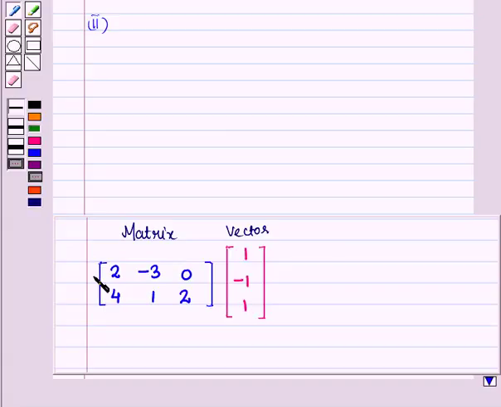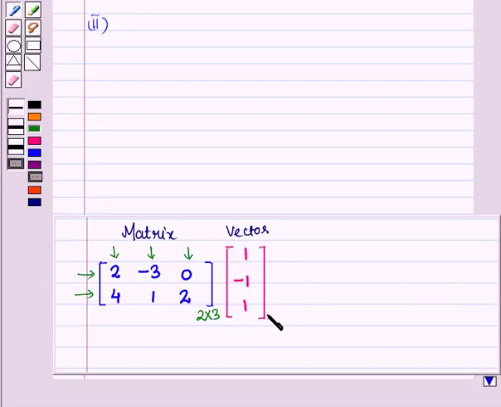Now here you can see this matrix has 2 rows and 3 columns. So it is a 2 cross 3 matrix, that is dimension of this matrix is 2 cross 3, and this is a column vector having 3 rows and 1 column.